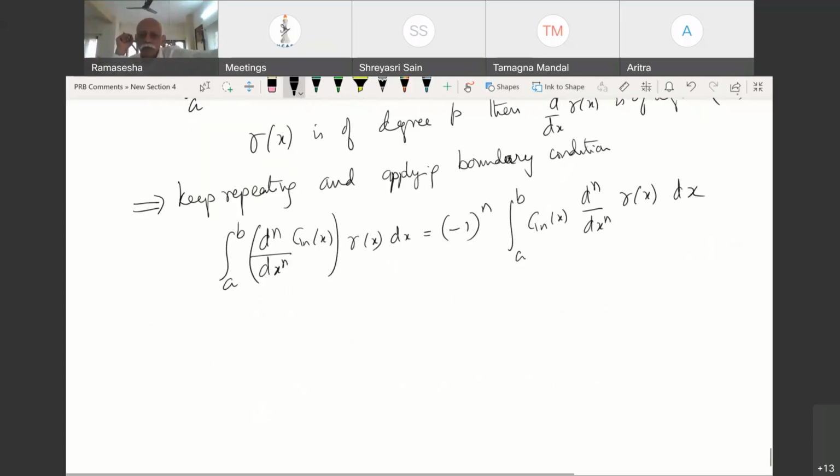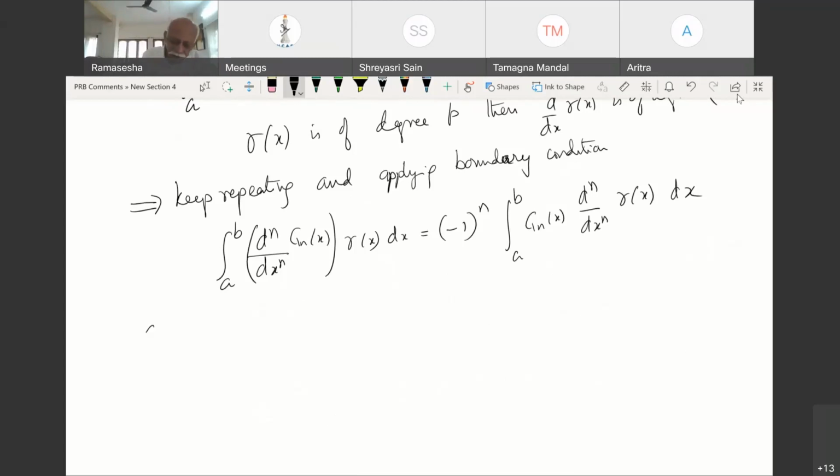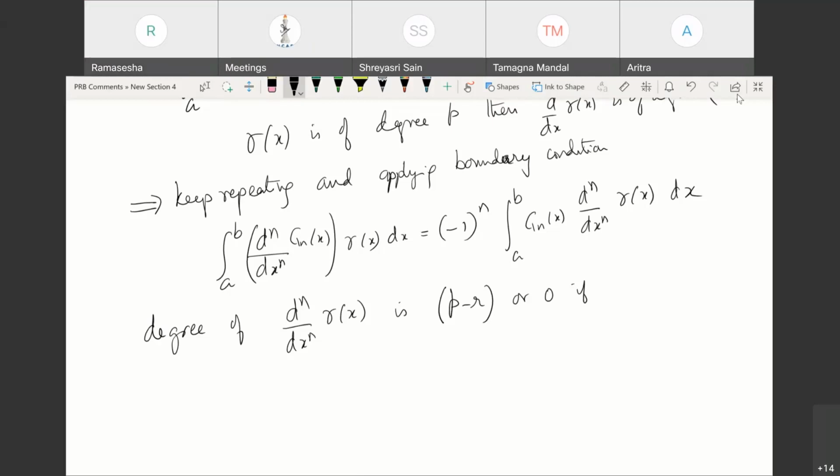Okay. So now the degree of d^r/dx^r of r(x) is p minus r, or 0 if p is less than r. Because supposing r(x) were to be x cubed and n was 4, d^4 by dx^4 of x cubed is going to be 0.